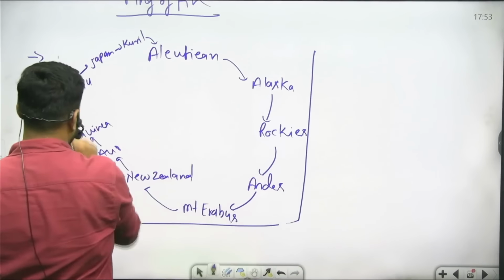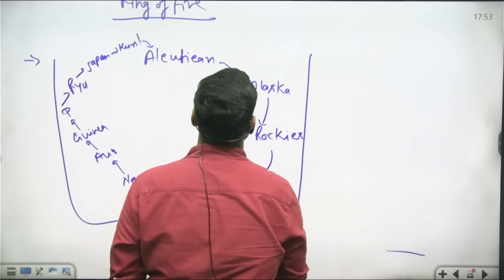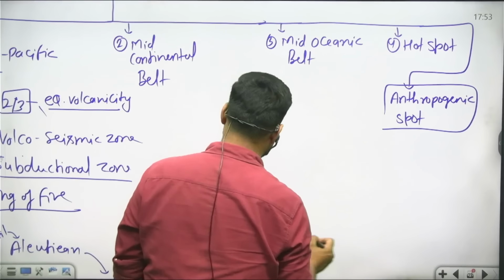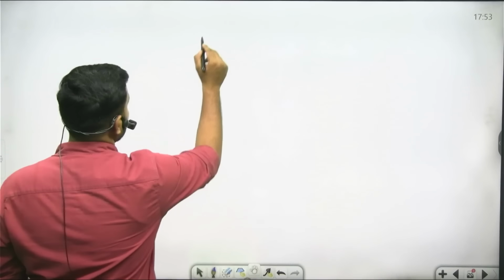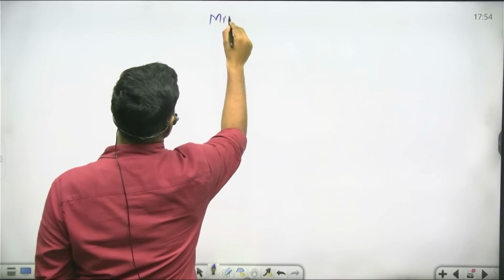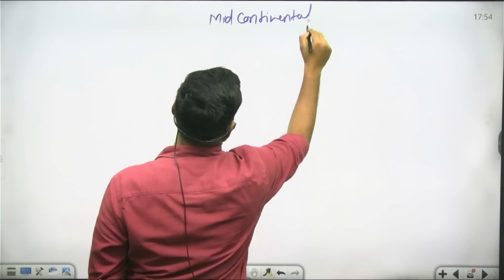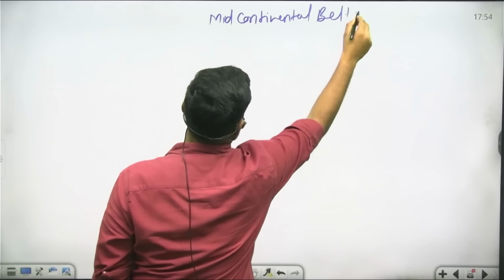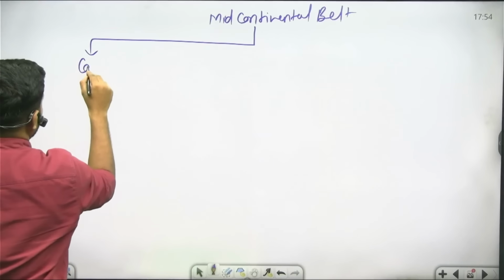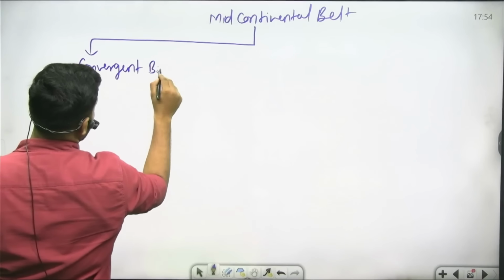ठीक. ओके, नाउ वी आर जस्ट मूविंग टुवर्ड्स द नेक्स्ट पार्ट. द सेकेंड वन इज द मिड कॉन्टिनेंटल बेल्ट. Mid continental belt have the convergent boundary. यहाँ भी क्या हो रहा है, convergent boundary.